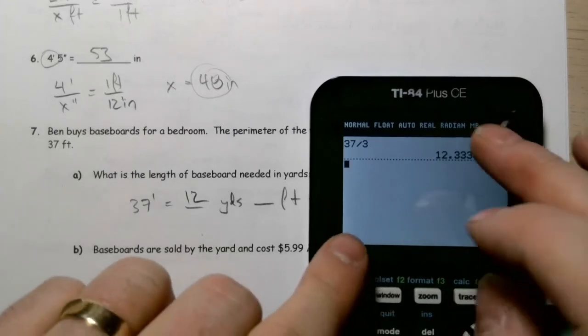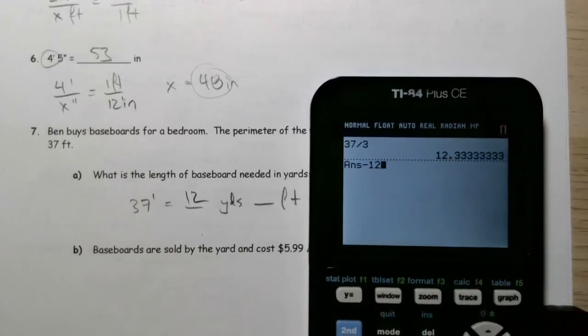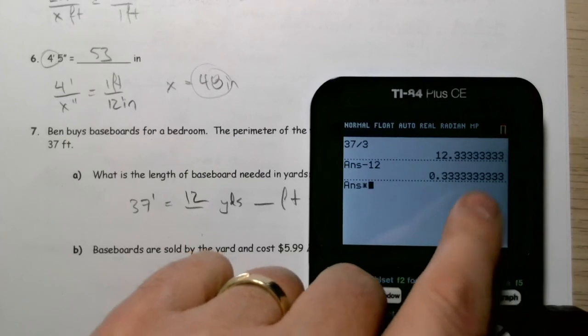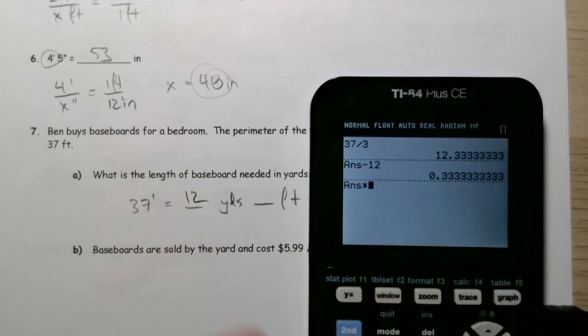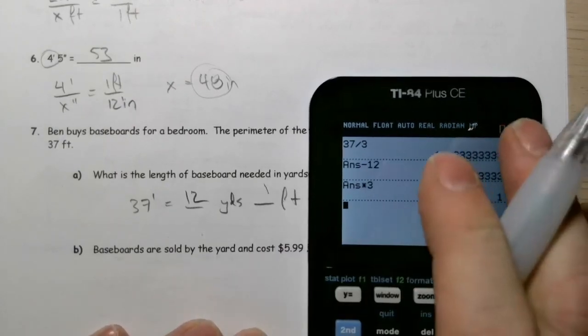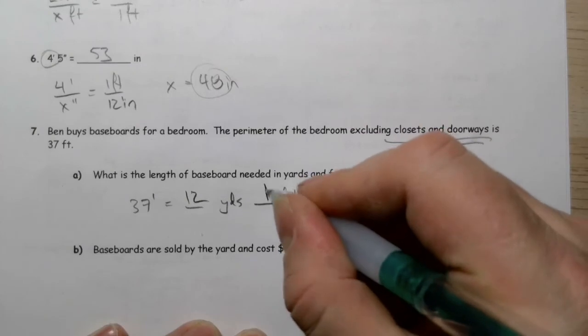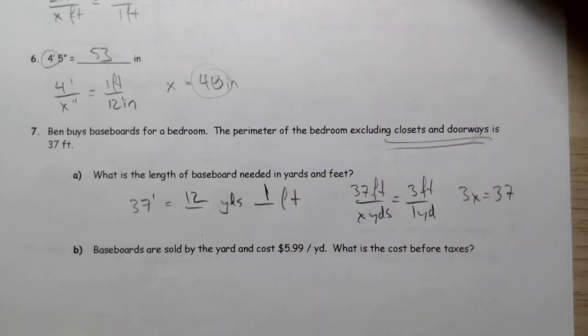Now remember, this number is in yards. I'm going to take off the 12 so that all I'm looking at is that fraction of a yard that's left over. And I know that there should be 3 feet in a yard, so I'm going to multiply that fraction, like a percentage almost of a yard, by the 3 feet that I would expect, and I'm only getting 1 foot. So 37 feet is 12 yards and 1 foot.